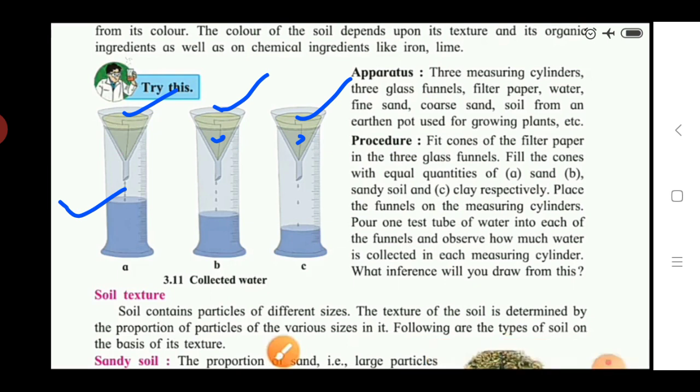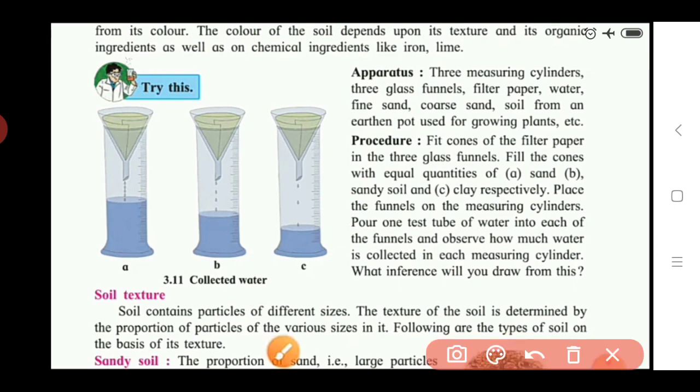Fit the cones of the filter papers in the three glass funnels like this. Outer part is the glass funnel and inner part is the filter paper which is kept inside that funnel. So fill the cones with equal quantities of sand, sandy soil and clay.